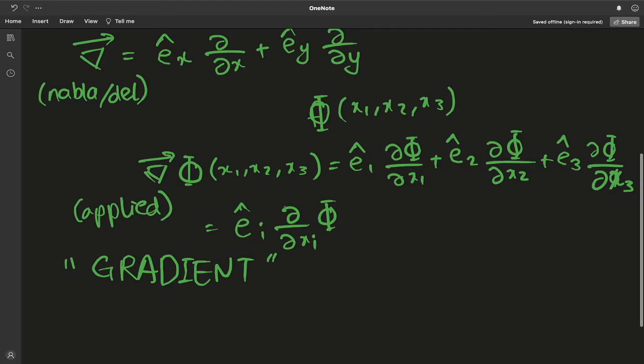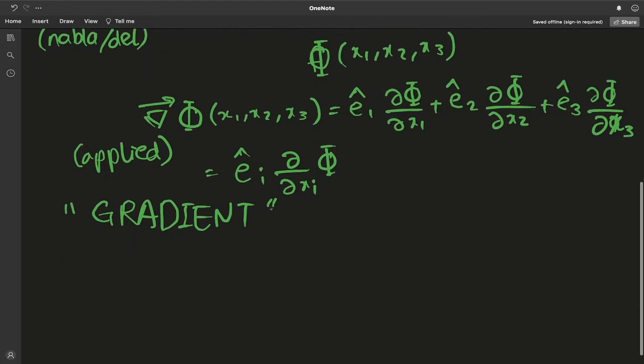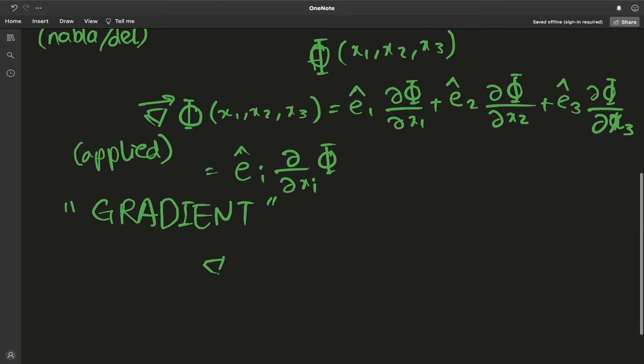Okay, if you want, you can represent the gradient of a scalar field in terms of this column vector with each component as a partial derivative.